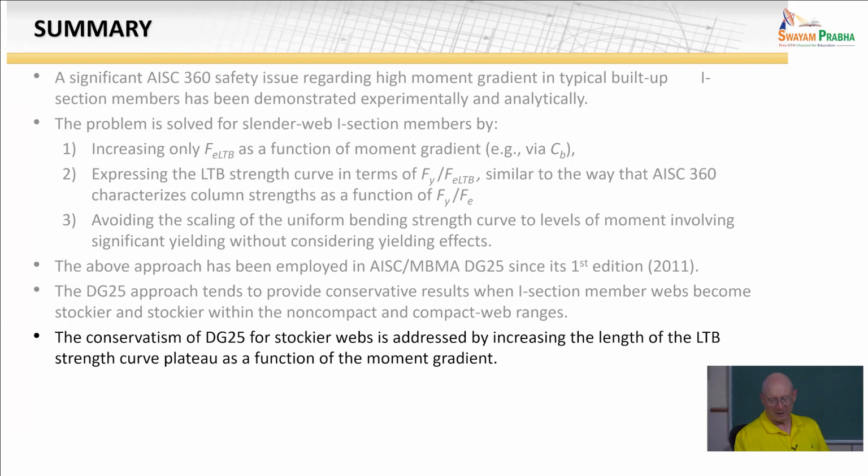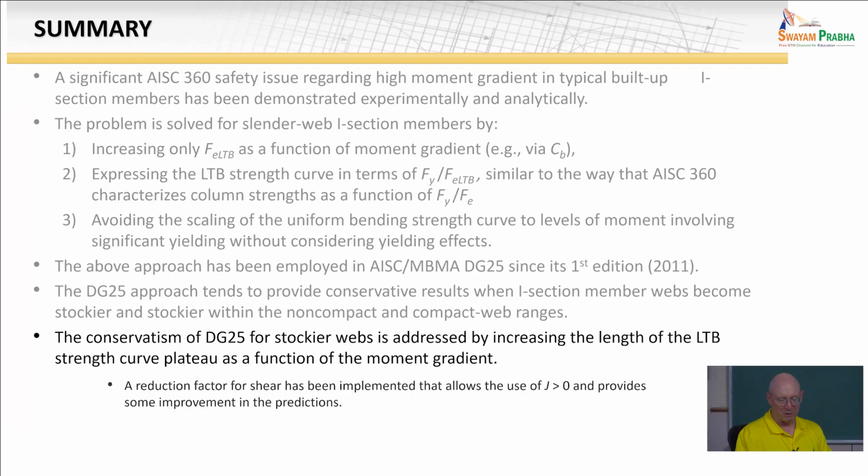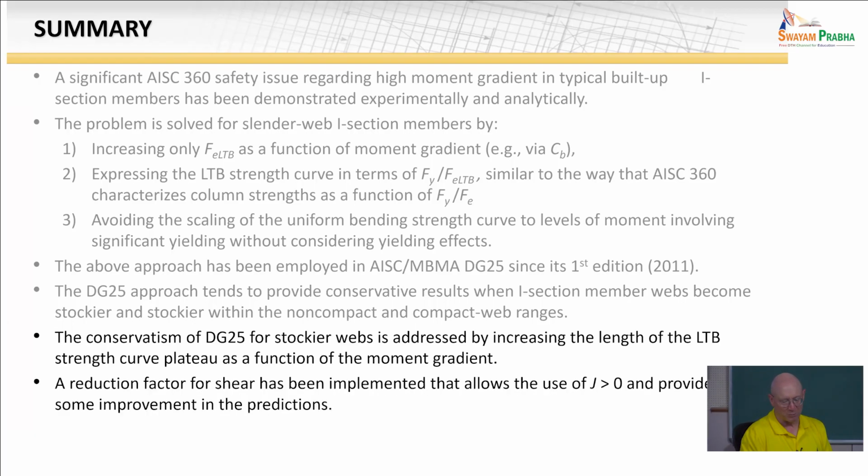So we've addressed that by implementing equations that achieve the same calculation that the current AISC approach achieves in the limit that the web is less than 70% of the compact web limit, and then with an interpolation between those results and the results for slender web for intermediate web cases. And then we have a reduction factor on the elastic LTB resistance for accounting for shear stress in the web.